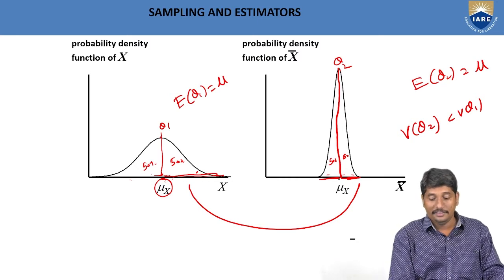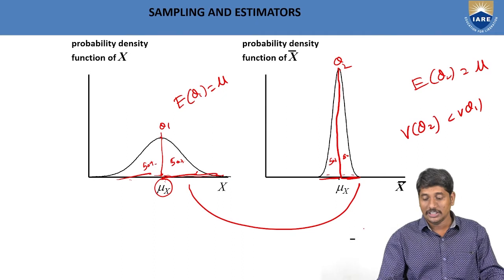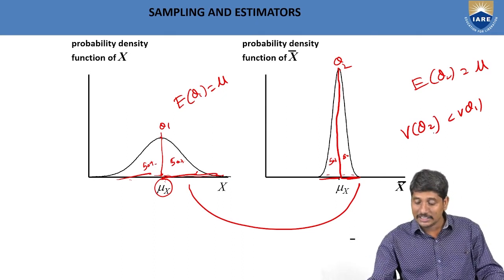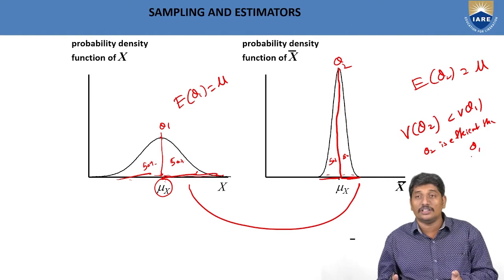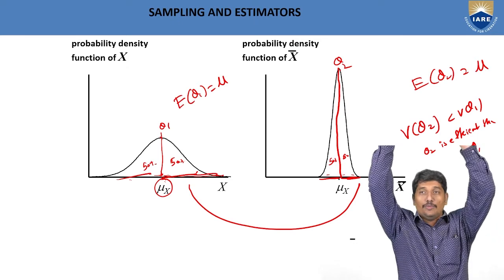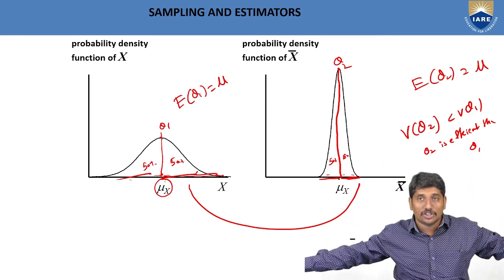This spread you can call standard deviation. That is, variance of theta 2 is less than variance of theta 1, and hence we declare that theta 2 is more efficient than theta 1. Why is it efficient? Because it is storing the data in less space. With theta 2 you store more data in less space, but with theta 1 you need larger space.